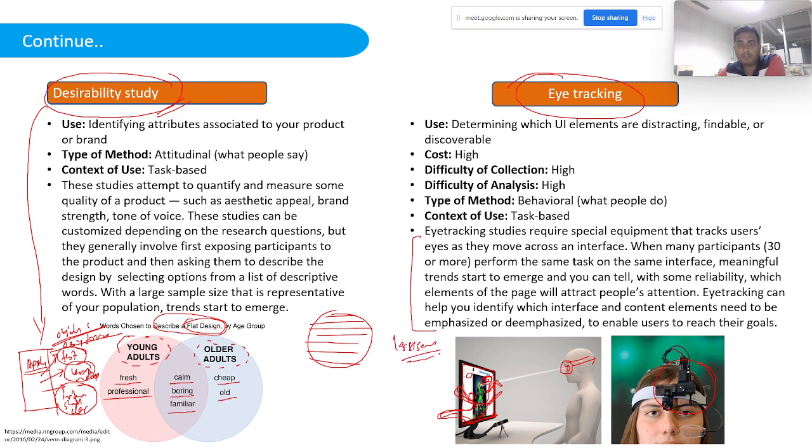So we need to collect information from more than 30 people, and then you look at whether the positioning of a particular feature is correct or not. So mainly these eye tracking devices are useful to understand or to check the positioning as well as the size of a particular feature. Okay.